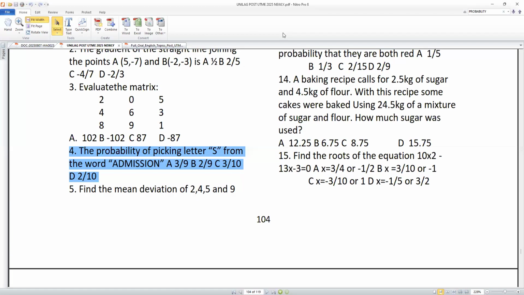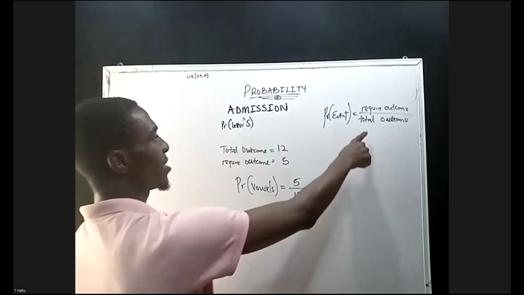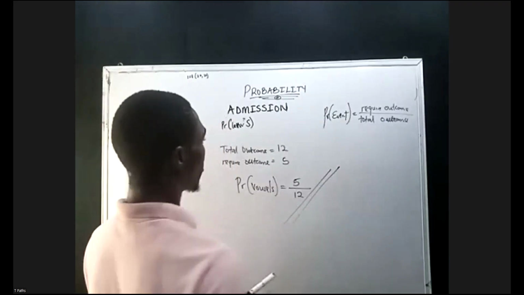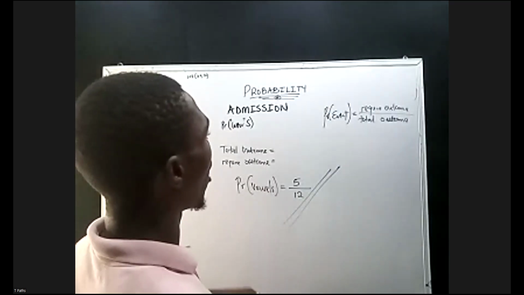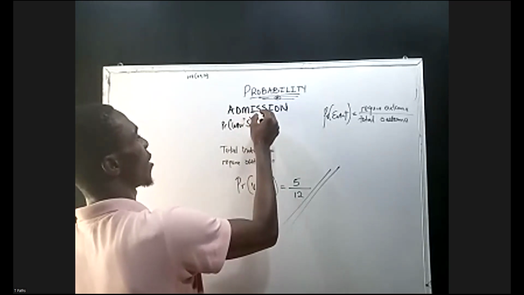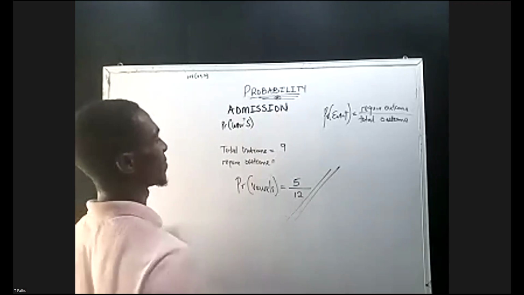Same logic, same idea, same solution. Class, we are still using the same formula. Are we there? So, we start. Total outcome is the number of letters here: 1, 2, 3, 4, 5, 6, 7, 8, 9. So I have 9.